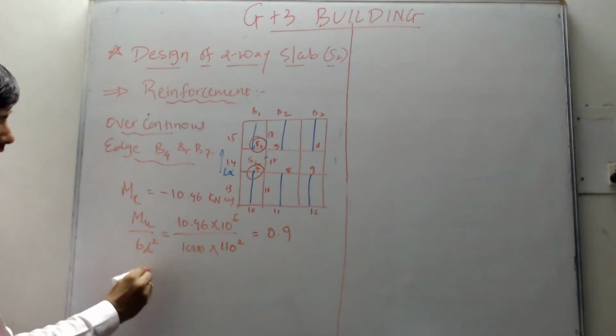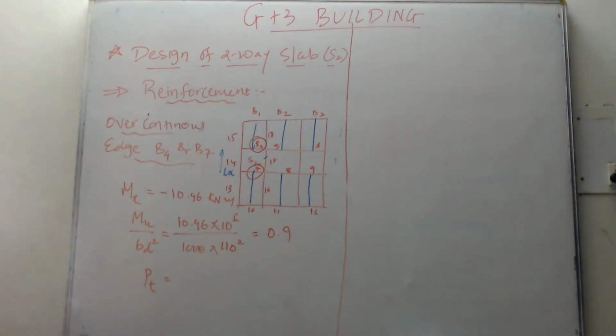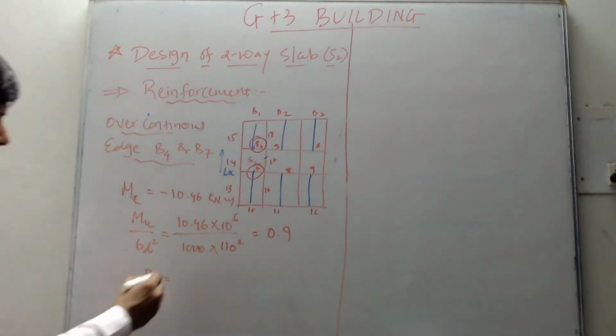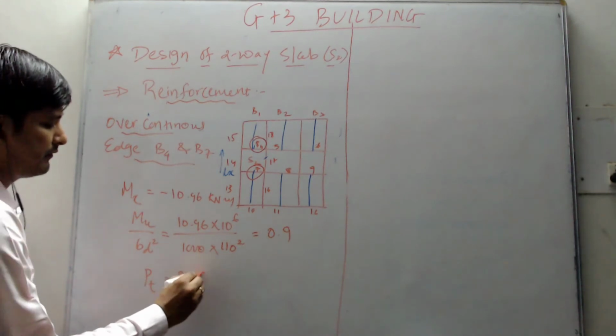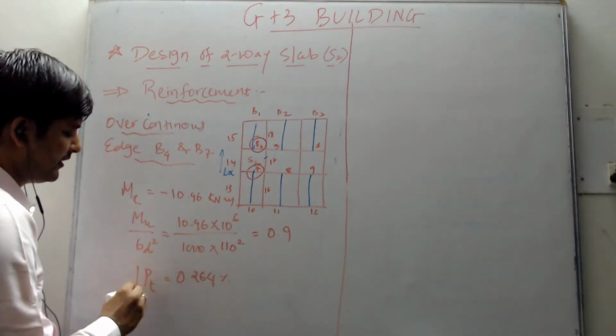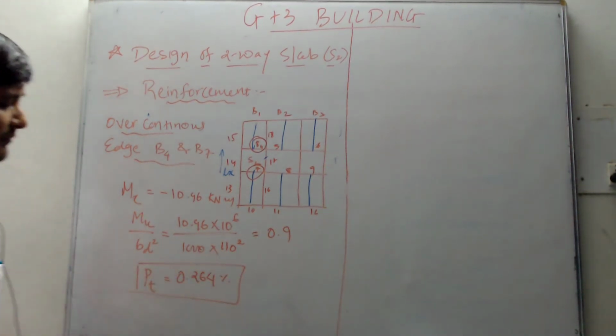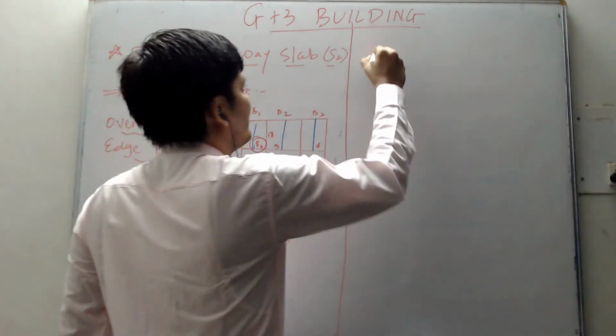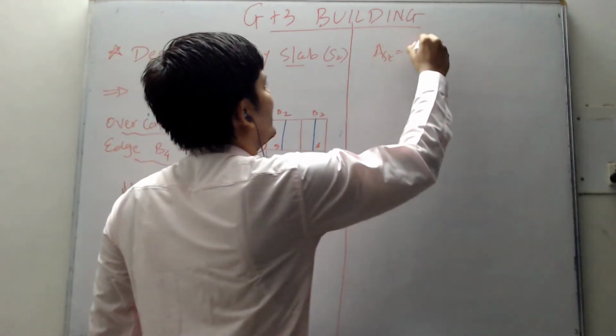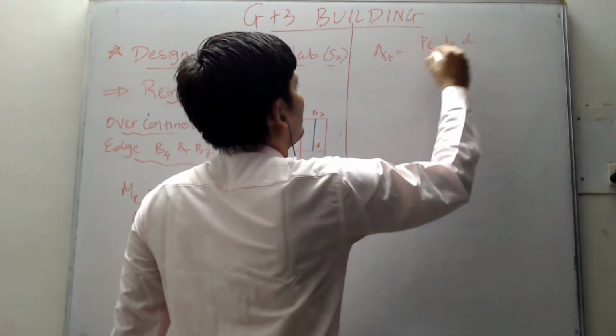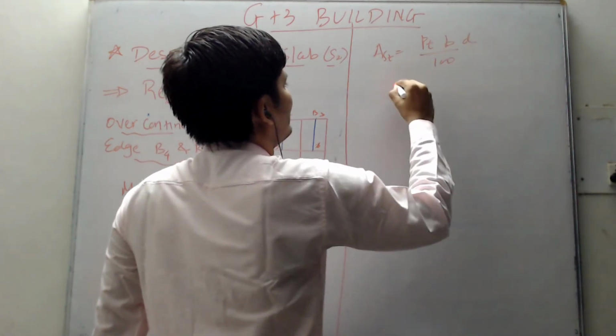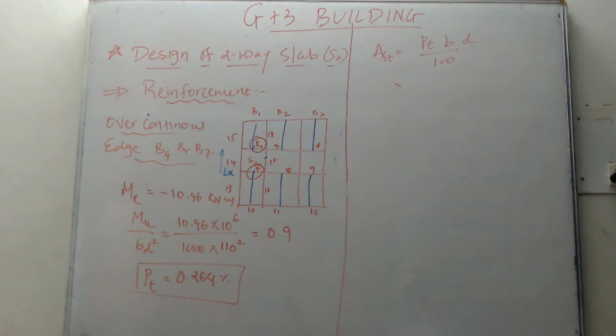Then for this value, from SP16, page number 48, table number 2, I am getting my PT value as 0.264. I am going a bit fast because these are similar steps. Then next we need to find out AST. The formula is PT bd by 100. So if you substitute all the values, I am getting my AST value as 290.4.